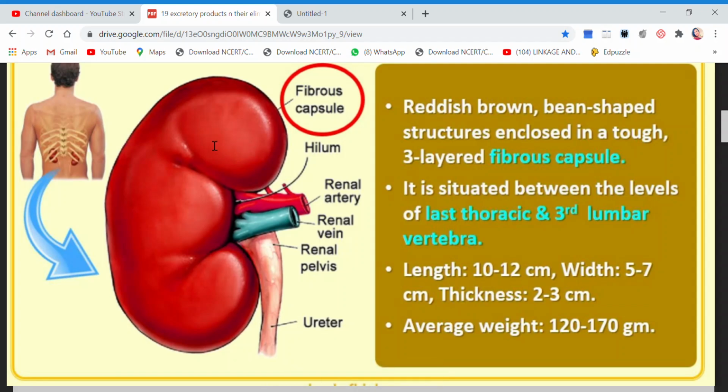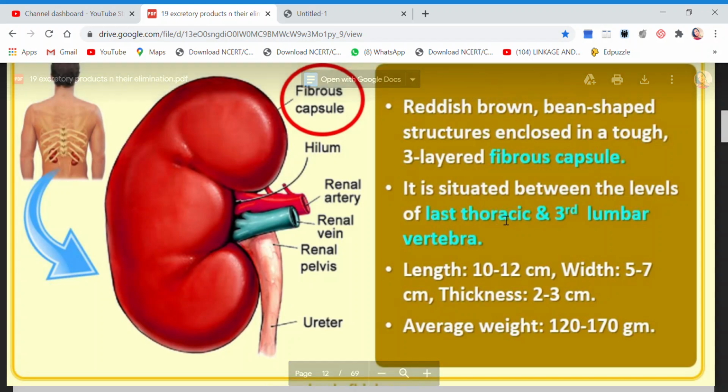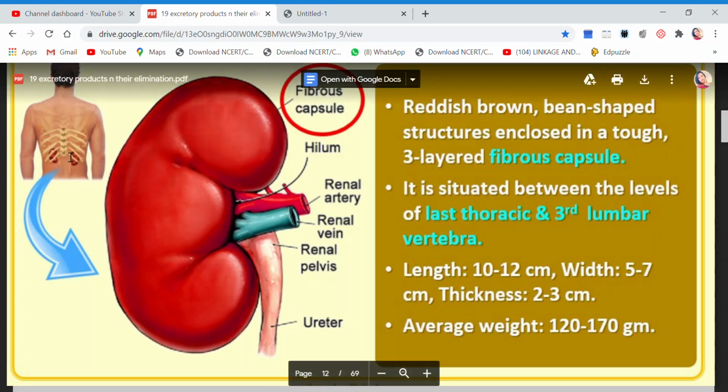Another thing, it is a reddish brown bean shaped structure enclosed in a tough 3-layered fibrous capsule. It is situated between the levels of last thoracic and third lumbar vertebrae. This is the vertebral column. So where are the kidneys placed? Last thoracic and third lumbar.